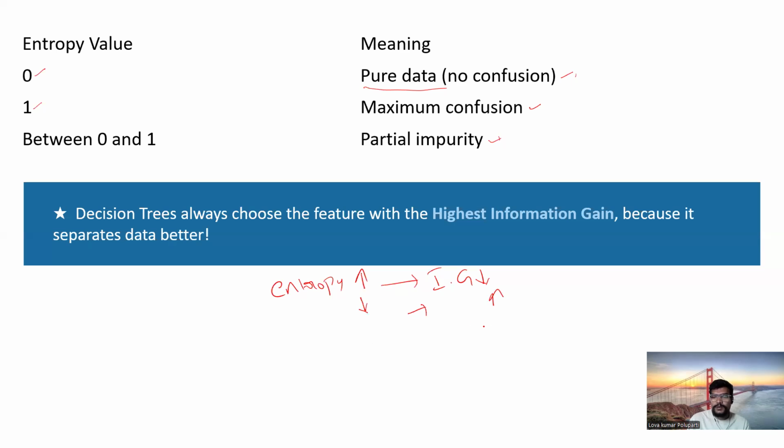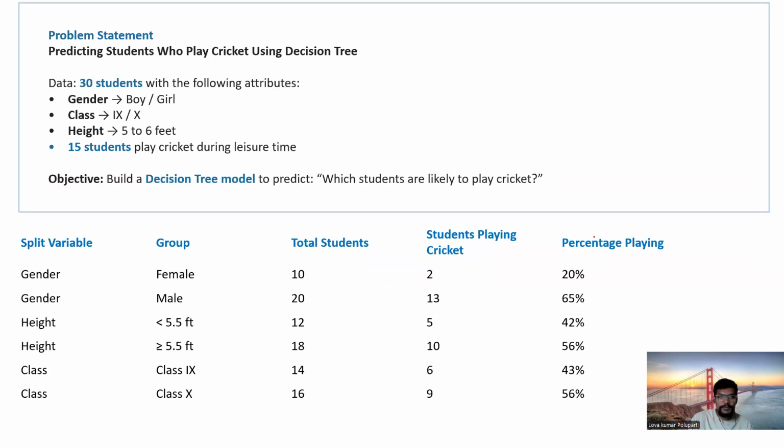So both are inversely proportional to each other. But generally, we need the highest information gain, because then that feature gives more information about my target variable.